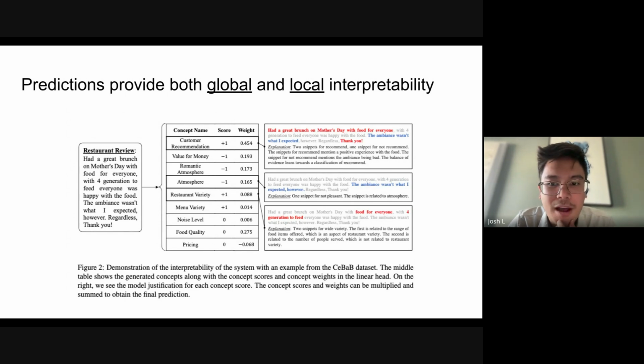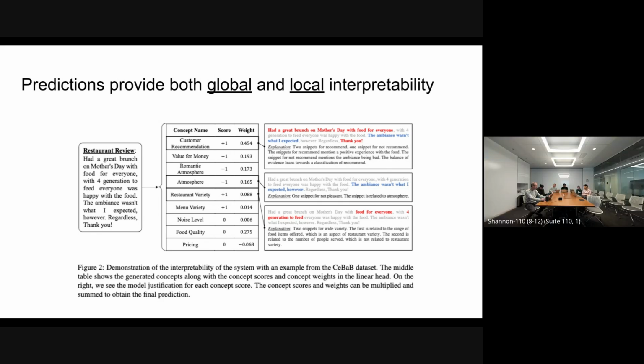This is what I was talking about when I said that the snippet level extraction can come in handy, because in the customer recommendation part here, you can see in the step down view that "a great brunch on Mother's Day" is highlighted in red because it was highlighted as a positive snippet for a good customer recommendation, whereas the snippet "the ambience wasn't what I expected" is highlighted in blue because it was extracted as a negative snippet against the customer recommendation. So you can tell here, based on how the system is set up, that you have potentially a lot of global and local interpretability for how the model works.